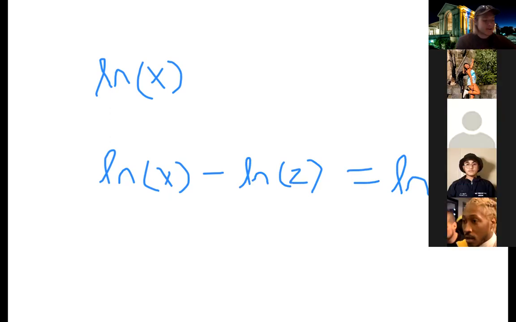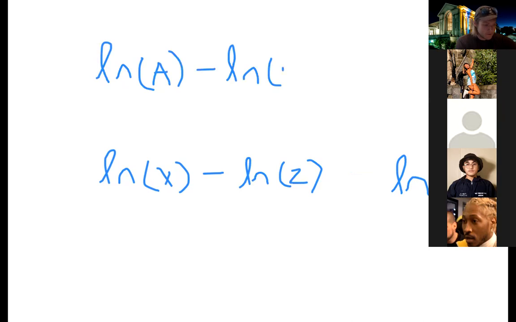Yeah. So the reason why we're allowed to do this, if you remember back in trig or pre-calc, one or the other, because they're similar, is that we have properties. This is one of our rules. If you have ln of a minus ln of b, this is equal to ln of a over b.